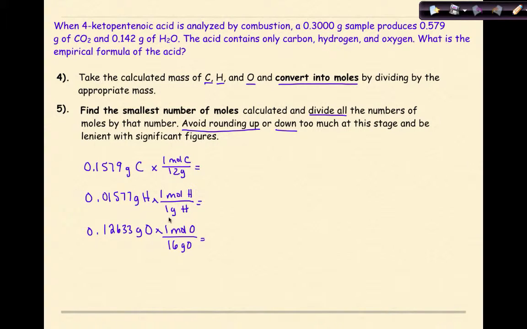And again, I know I have set this up correctly because grams of carbon cancels grams of carbon, grams of hydrogen cancels grams of hydrogen, grams of oxygen cancels grams of oxygen, and I'm going to get the right unit of moles at the end.